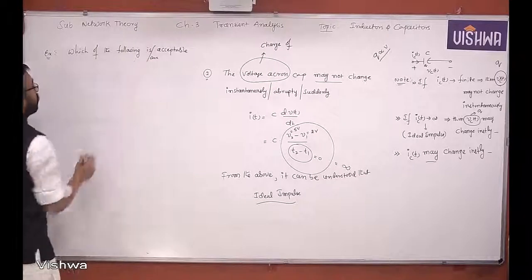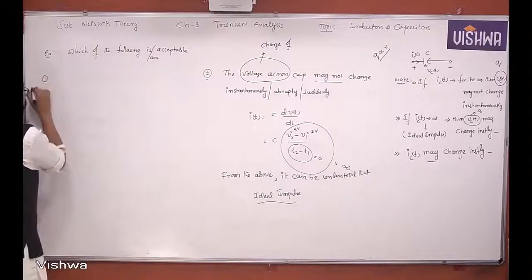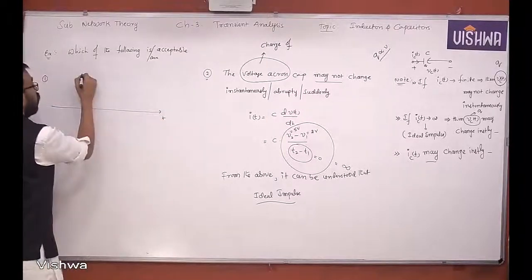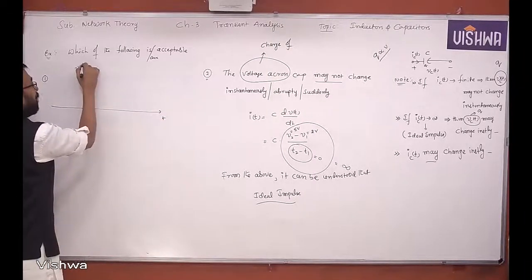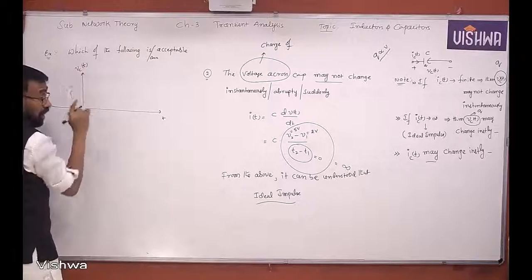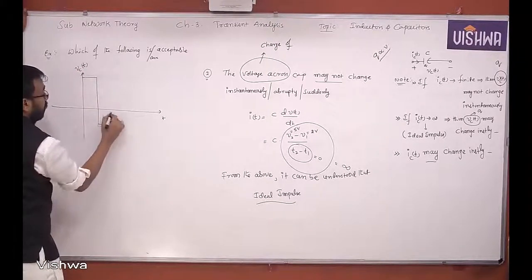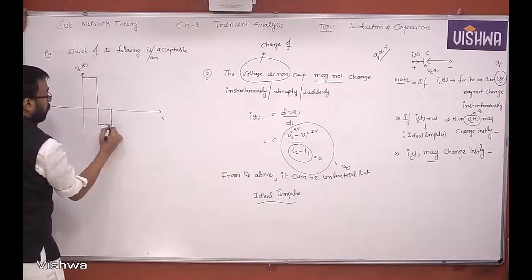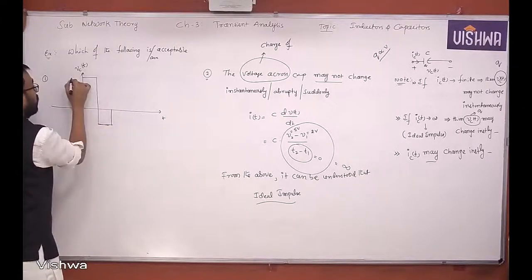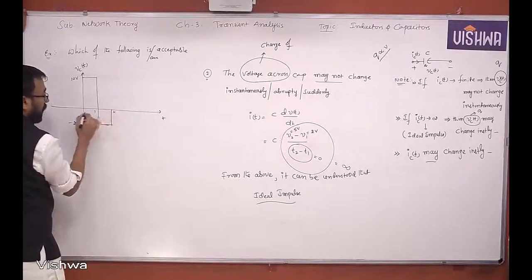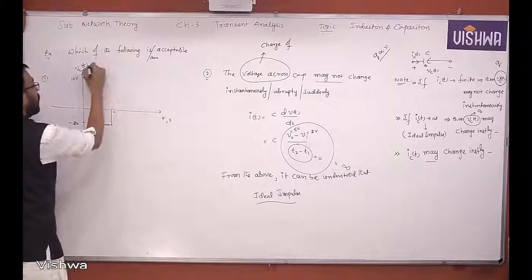First one is voltage across the capacitor. I am clearly mentioning intentionally here VC of t. This is some 10 volts, this is some minus 2 volts, and this is 1, 2, something like that. Time is in seconds and voltage is in volts, let us say.